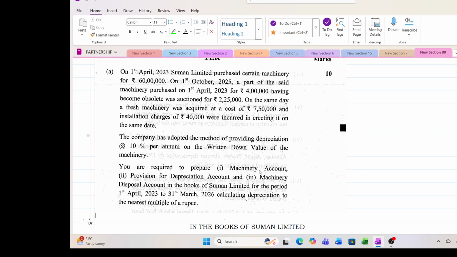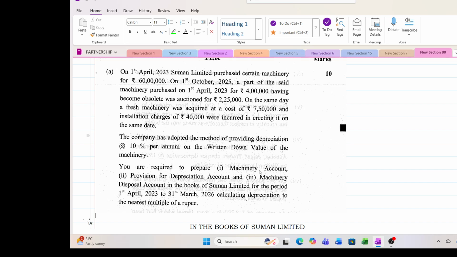Money is received on auction, so bank account will get debited and machinery disposal account will get credited. Ultimately, the balancing figure, whether it is a loss or a profit on sale of machinery, will get into the disposal account.